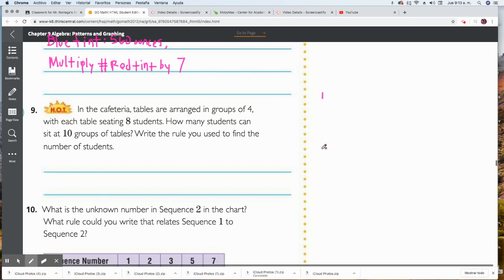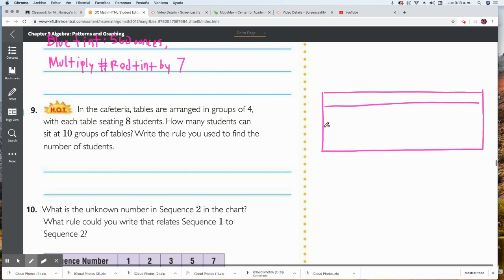So again, we're gonna use a table to find the answer. With each table seating 8 students. Okay, so this is the groups, this is the number of chairs, and this is the number of students.